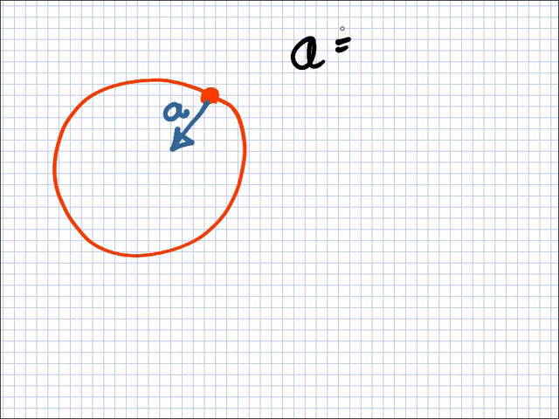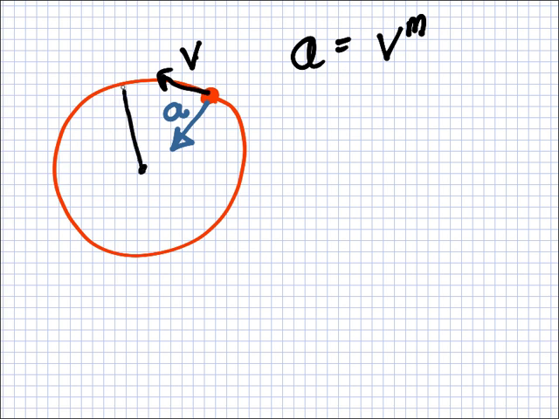Now, if this is moving faster, is this bigger or smaller? It's probably bigger. But we think that A depends on V, but we don't know the power. Maybe it's v to the power minus 1, maybe it's v squared, we don't know.